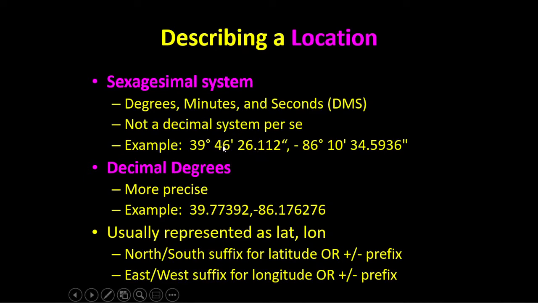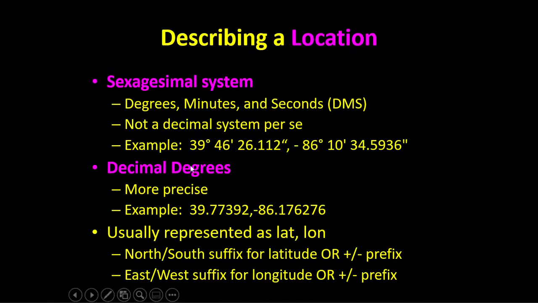And so essentially this is divided up as far as time. And so essentially, this is 46 minutes. So think of this as being 46 over 60, and then this is 26.112 over 60, as there's 60 seconds in a minute. Notice the positive latitude means that this is in the northern hemisphere, and the negative longitude means this is in the western hemisphere.